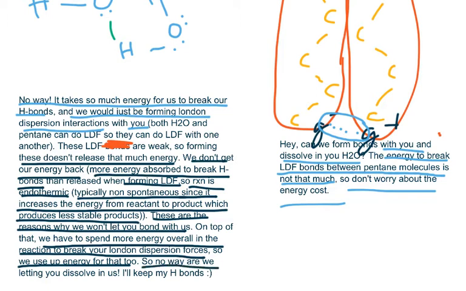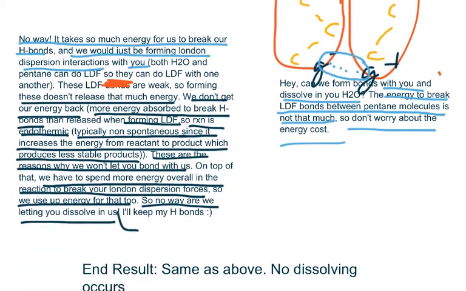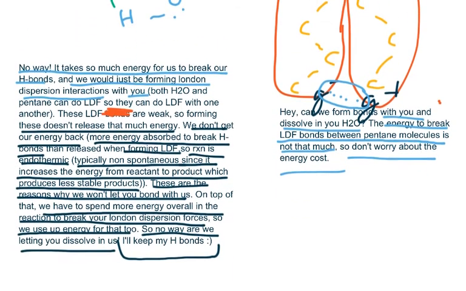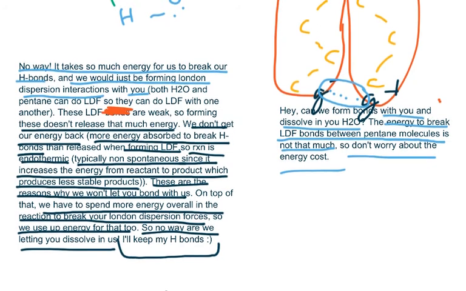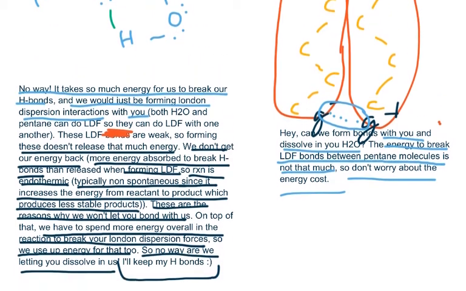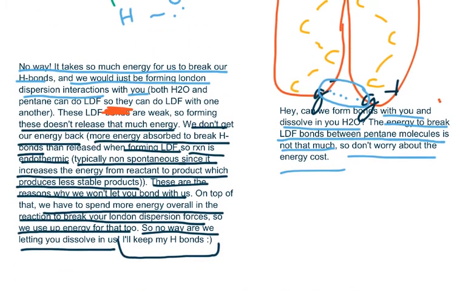So there's no way that we, the water molecules, are going to let the pentane molecules dissolve in us, and the H2O will decide to keep the H bonds, since it's better to keep it than to break it and form bonds that are a lot weaker, because that doesn't release that much energy. And remember, you want the overall reaction to be exothermic for it to be spontaneous and for it to work. And because this reaction is overall endothermic, it probably won't happen.